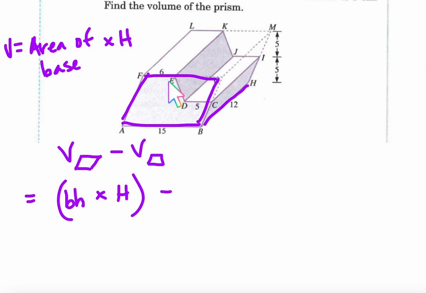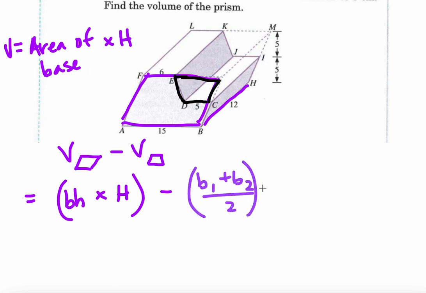And the trapezoid, that area of the base, if you remember, because we've covered it a couple of times now, is base 1 plus base 2 divided by 2 times your height, little h, but remember you still have to multiply by a big H. Lots of H's. So now let's plug in those numbers.